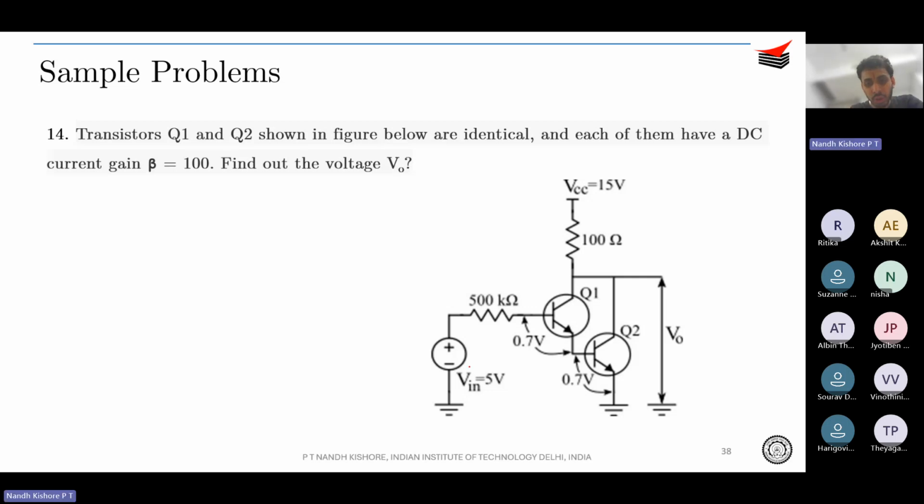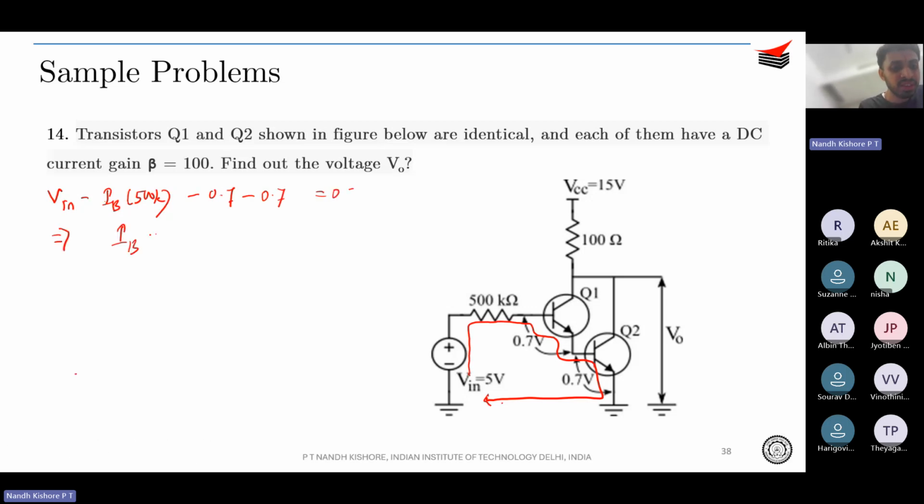Apply KVL in this loop, that is the base loop, right? So V in minus IB into 500K minus 0.7 minus 0.7 equal to 0, right? So you find out IB from this. What is IB?